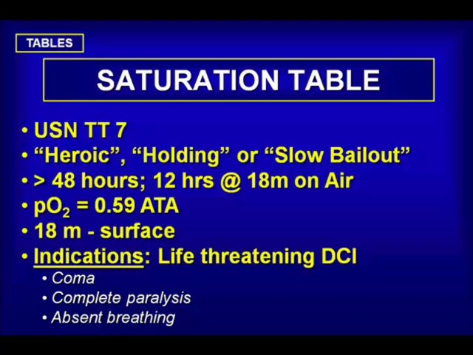The use of this table is therefore indicated when a diver is treated at 18 meters and has symptoms or manifestations of decompression illness that make it obvious that decompression at that stage would either result in permanent disability or death, or where the diver has not seemed to respond to recompression, and one has to be assured that no further recovery is possible.